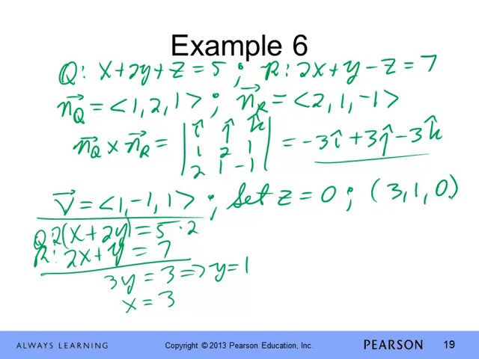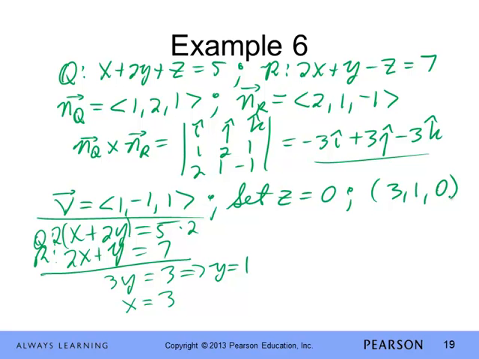That is one of many, many points on the intersection. In particular, this point is where that intersecting line crosses the xy plane, where z equals 0. Any point on the intersection line will work, but this is just one.